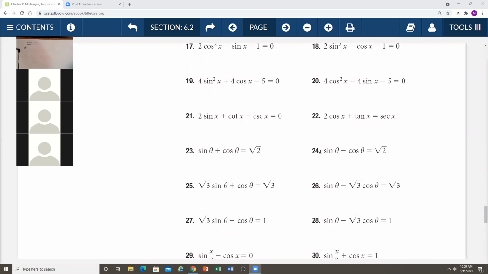All right, I want you to do number 21, which says solve 2 times the sine of x plus cotangent x minus cosecant x equals 0. Solve. And notice x lies on the interval from 0 to 2 pi. That's problem number 1.